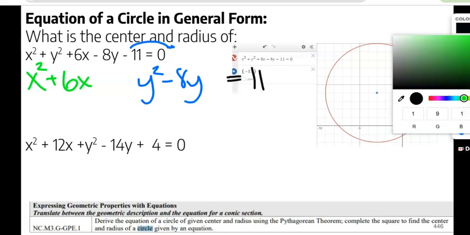So I need to come up with a number here and in this spot. And that number that I choose is going to have to factor well with the green part.